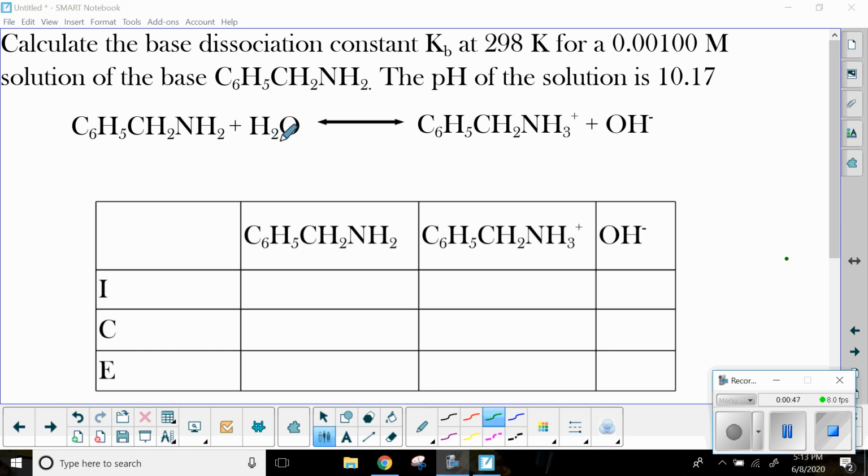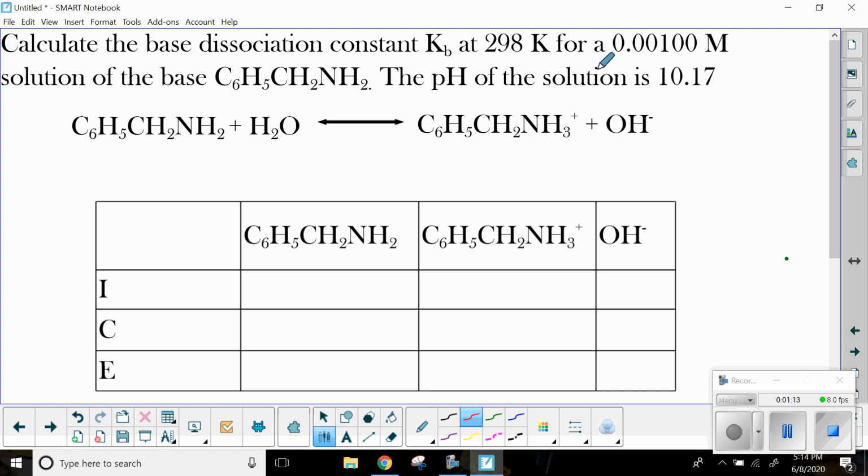Water in this case is your base, and that water is going to donate 1 proton to your phenylmethylamine, and that's where you get the NH3 with the plus, and the water missing its hydrogen with the OH minus. Base, acid, conjugate base.